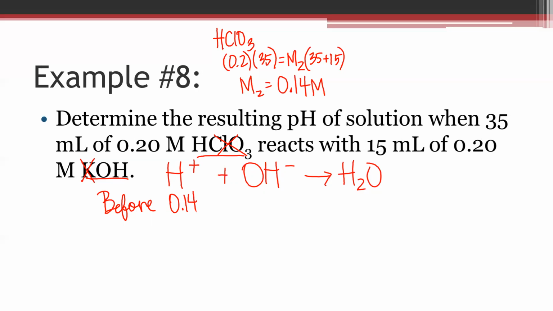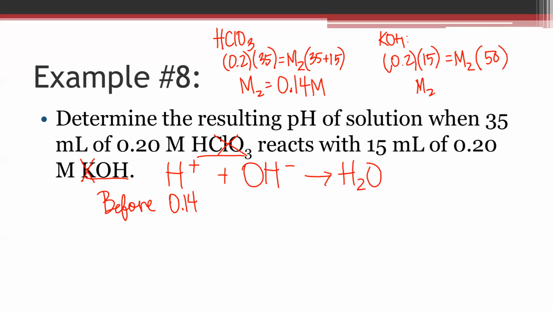Okay, then we'll do the same thing with the base, and this time they're not going to be the same numbers. So for the base, we have originally 0.2 molar and 15 milliliters of that. And then our total volume is going to be the same, 15 plus 35 or 50.